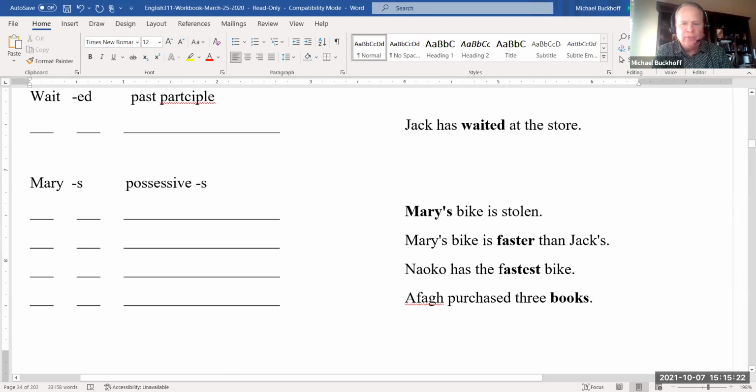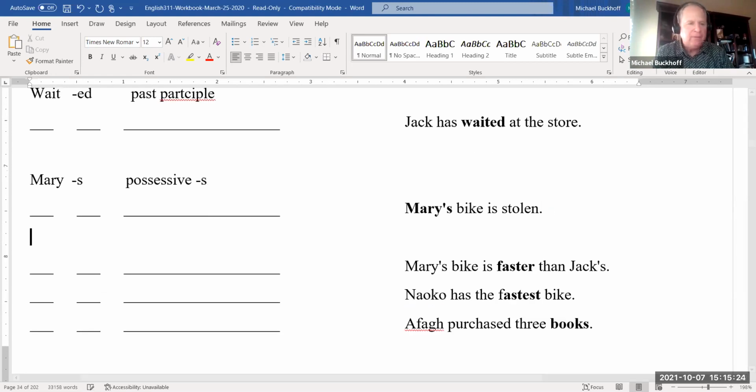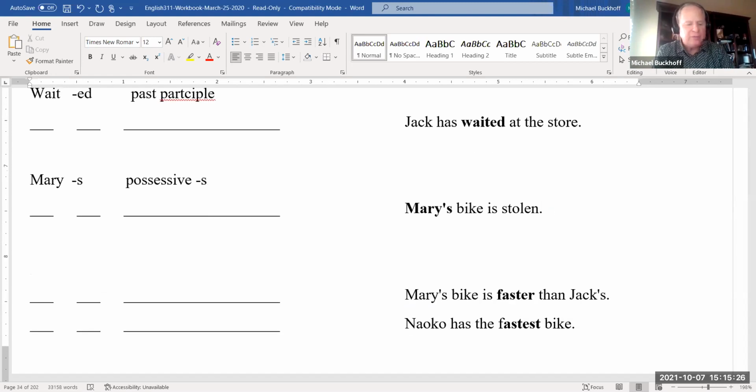Okay, so we have that one. Let's keep going. So we have faster. So we have fast. We have ER. And then what is the grammatical purpose of ER? What are we doing? Notice we're talking about not two people, but two bikes. Mary's bike is faster than Jack's bike, right?